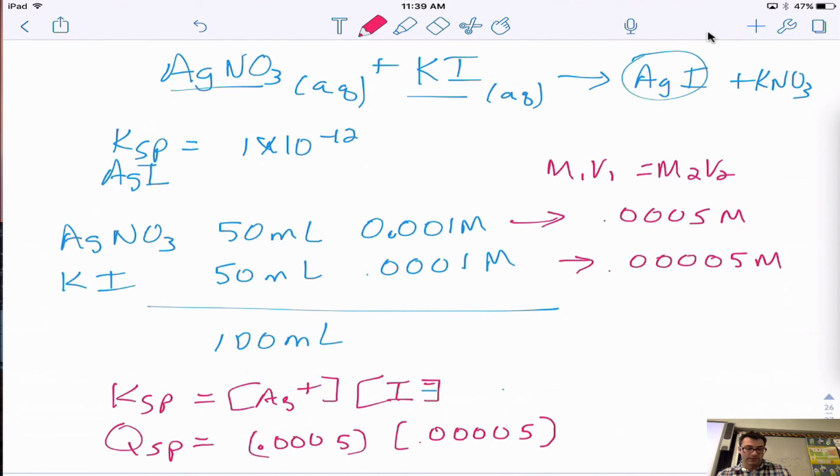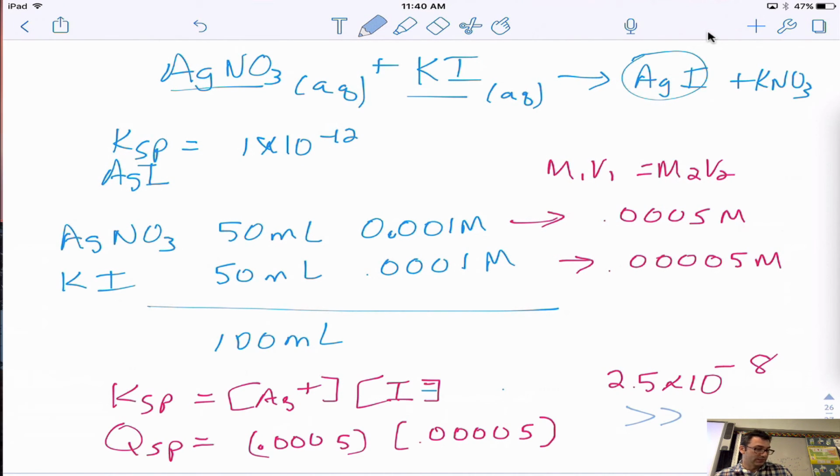So we're going to get 0.12345 times 0.12345, and we're going to get 2.5 times 10 to the negative 8. Now look, this number that I just got here, this number is larger than the Ksp.